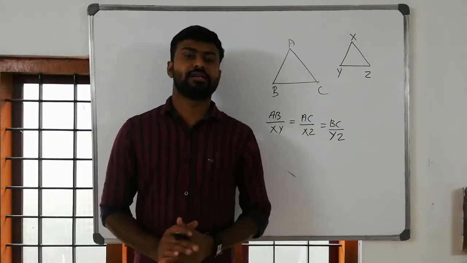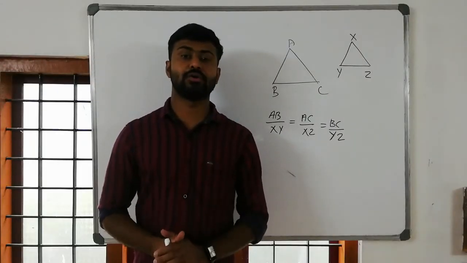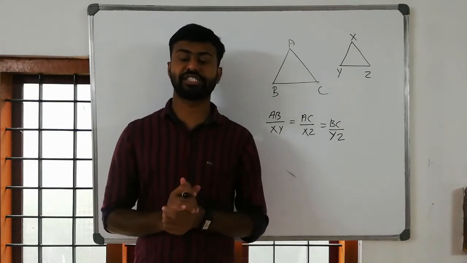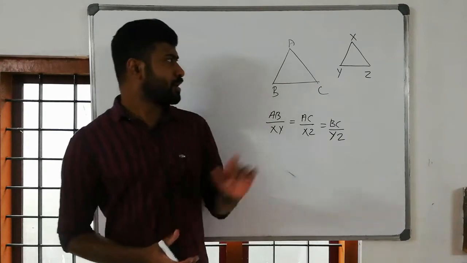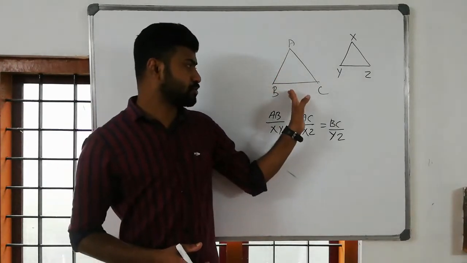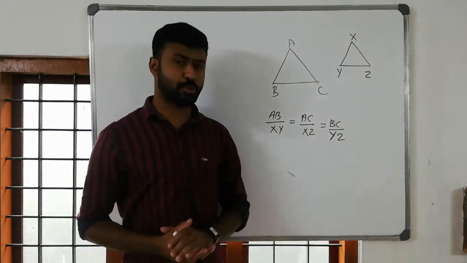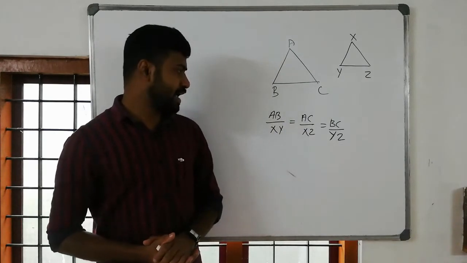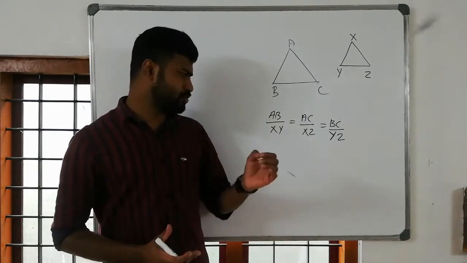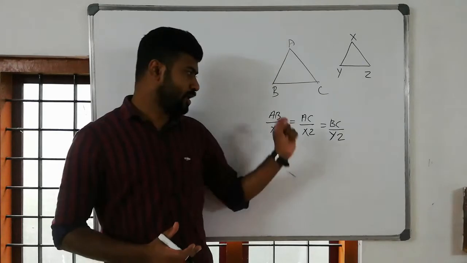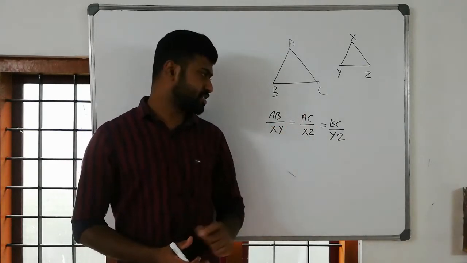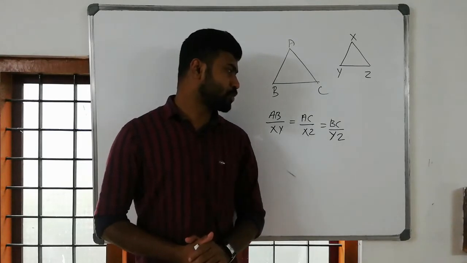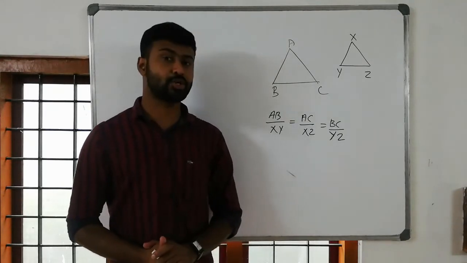Next one, if two triangles have their three corresponding sides in proportion, then the triangles are similar. Here we can see two triangles, triangle ABC and triangle XYZ, in which AB by XY, that is the ratio between the side AB and XY, is equal to the ratio between the side AC and XZ, which is equal to the ratio between the side BC and YZ.